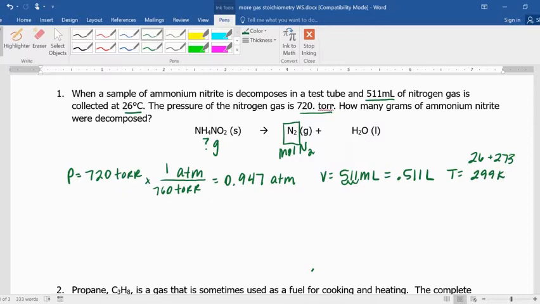So after all of that, we can now plug into PV = nRT. So we have 0.947 times 0.511.